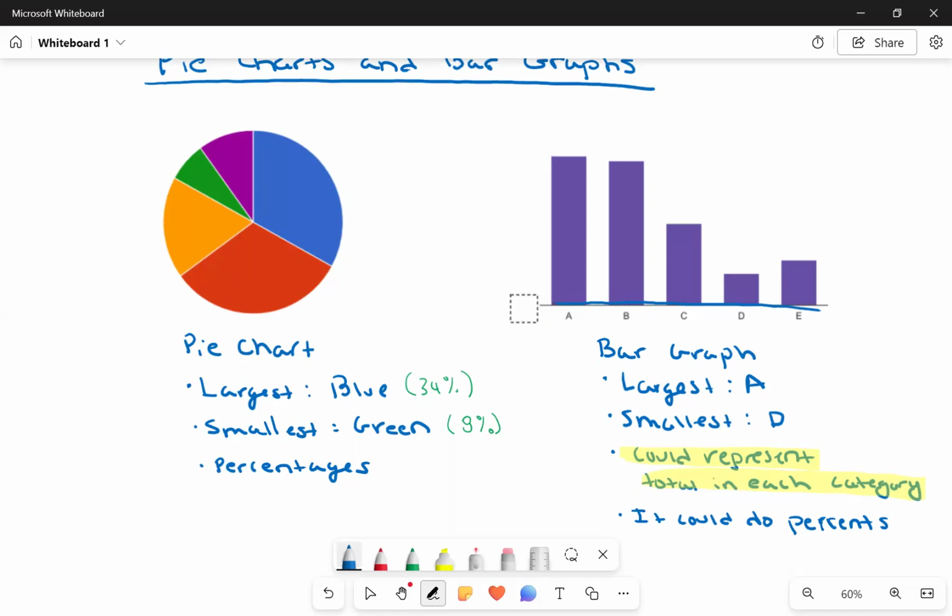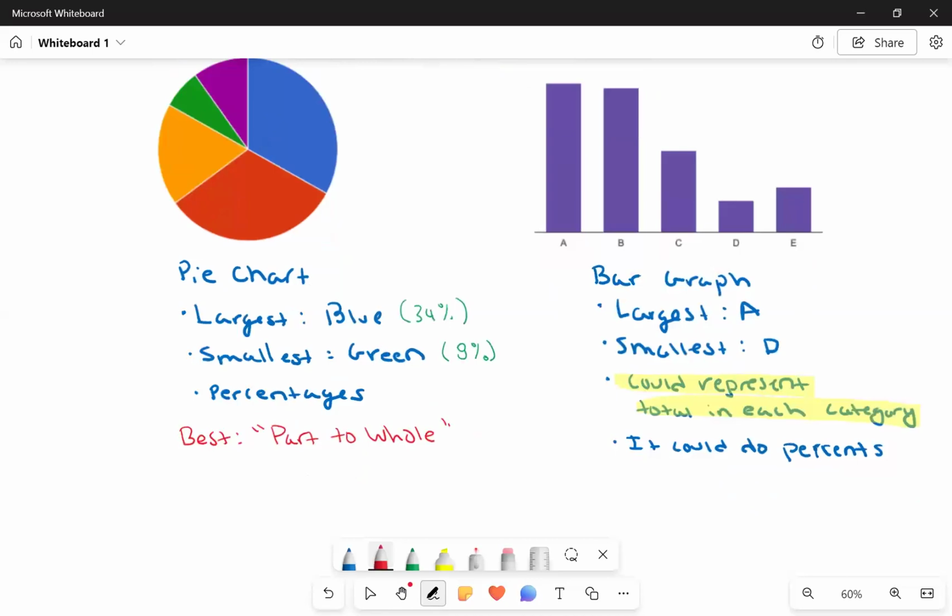So that's the strength of bar graphs versus pie charts. Pie charts are good when you're making part to whole comparisons, and that's because they're percentages.